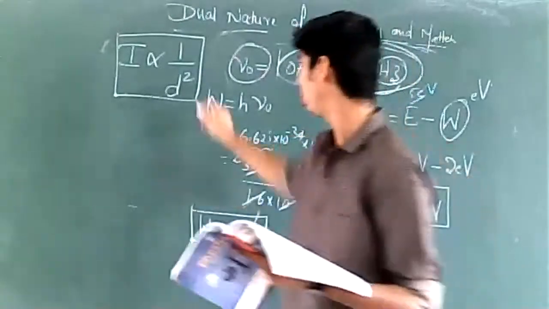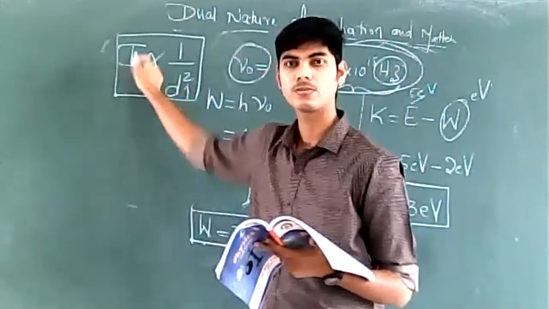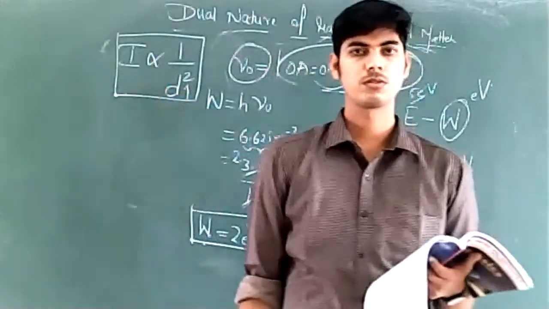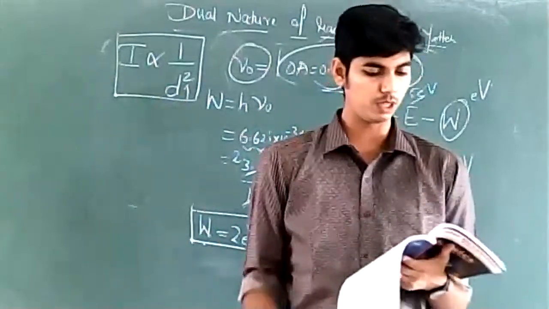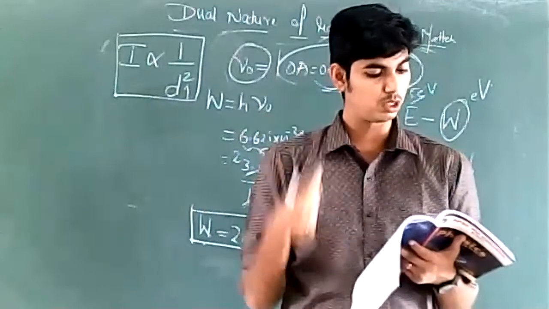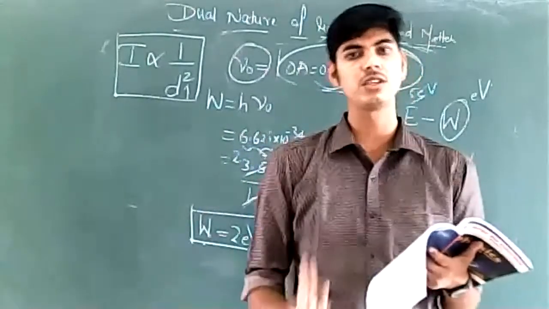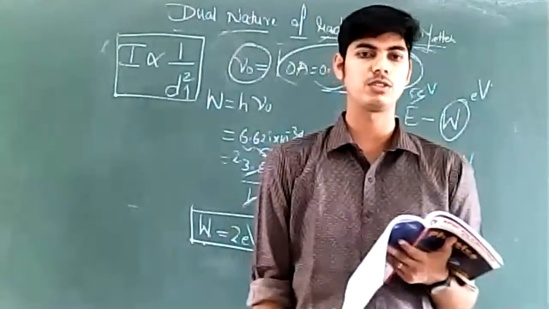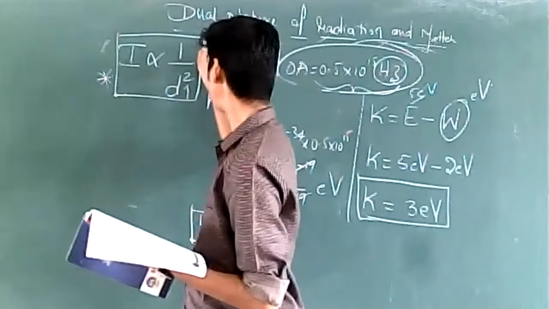Or if you have decreased the distance by half, when the same source is placed halfway closer, the intensity has to increase, right? So make use of this relationship and try to solve that question.